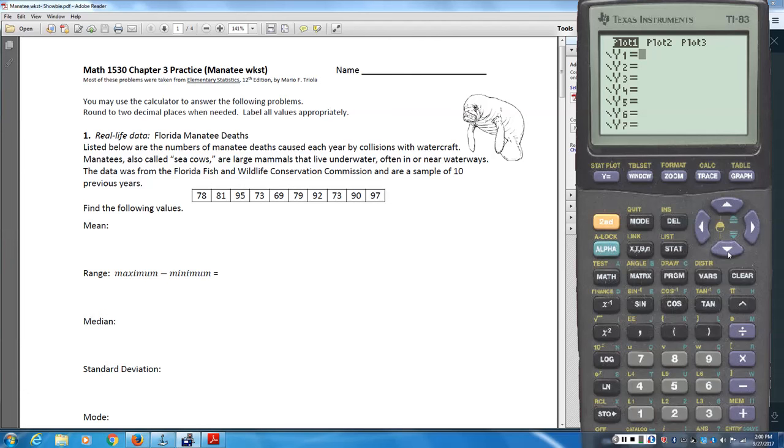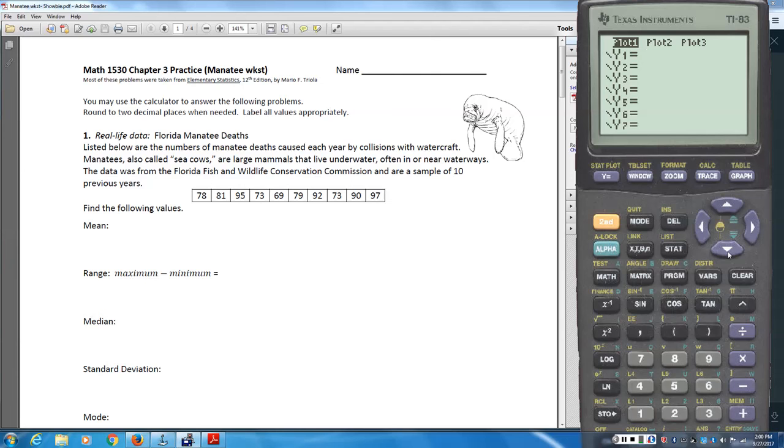So your steps: get your data in, go to plot 1, turn it on, pick the box plot if that's what you're wanting to make, tell it where your data is, then hit Y equals and make sure that the only thing you see on those plots is plot 1, not plot 2 and 3, just 1.